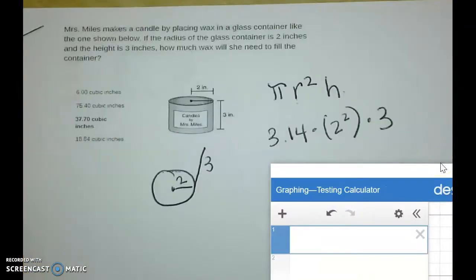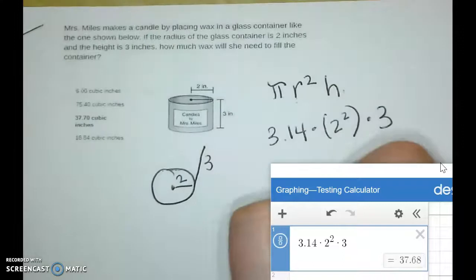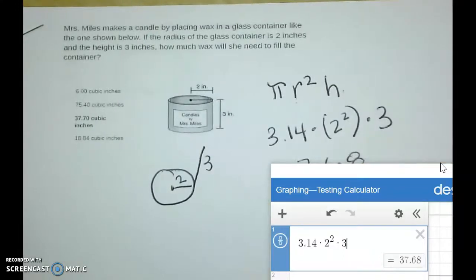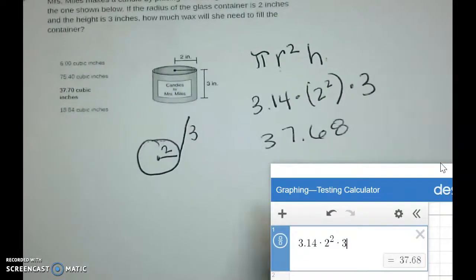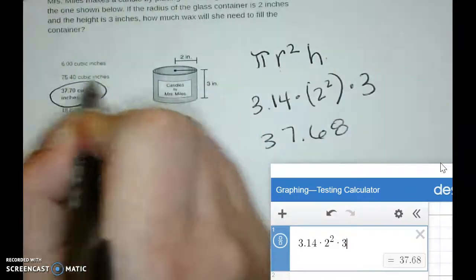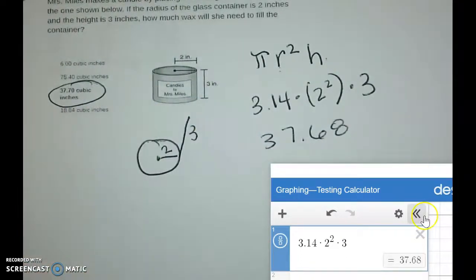So I'm going to use 3.14 for pi, and then 2 squared times 3, and you get 37.68, which if you're looking at our answer choices, the closest one is this one right here. Okay? If you have any questions, remember you can always go back and watch me do it again, or pause and copy this down, okay?